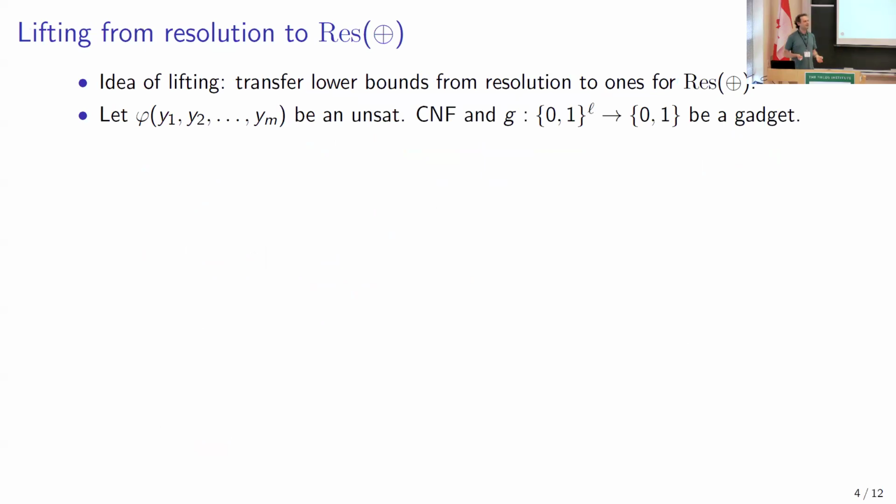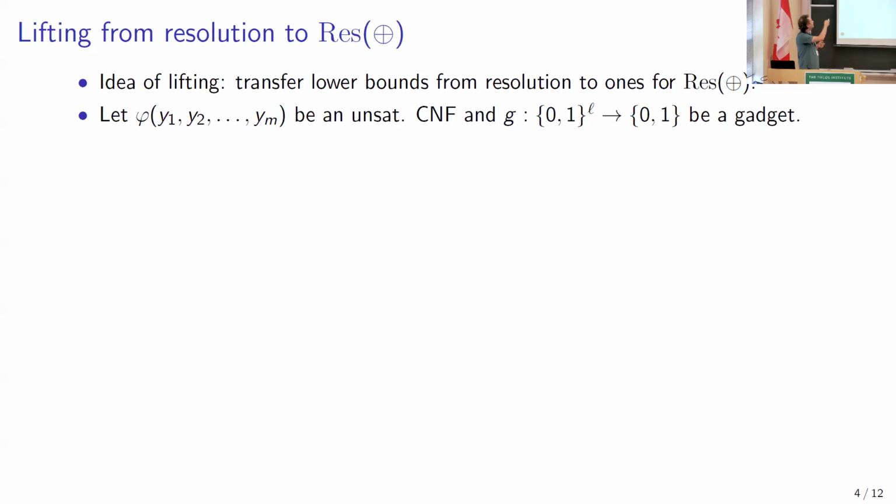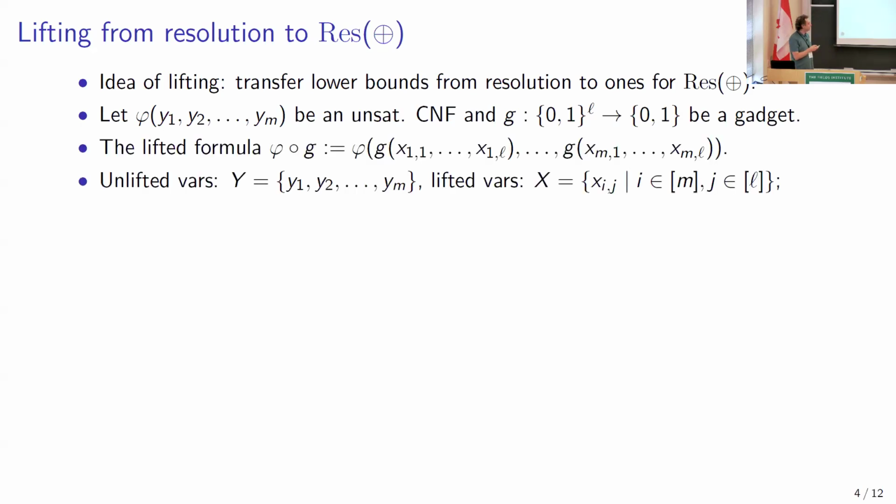The idea of lifting is to try to transfer lower bounds that hold for resolution to resolution over parities. By lifting, we mean the standard thing. We have a formula phi with variables y1, y2, ..., ym, and take some gadget, a Boolean function of L variables, and consider the composition.